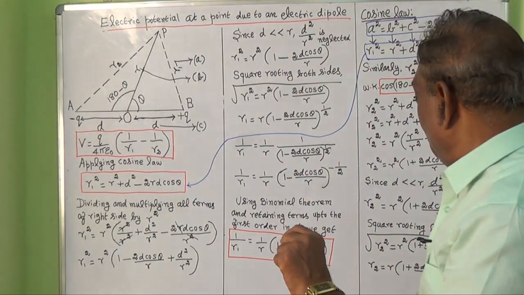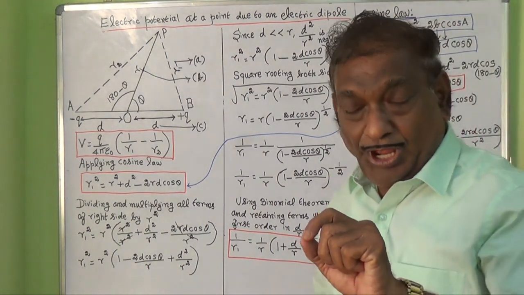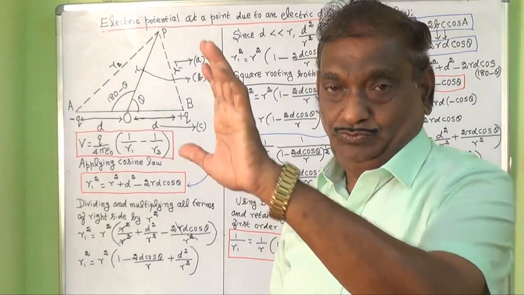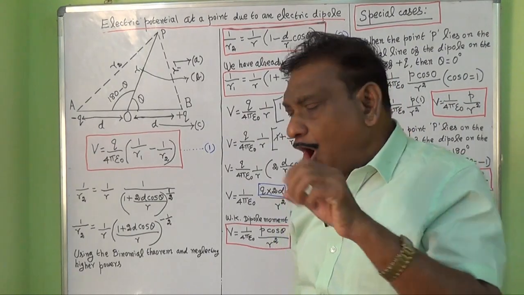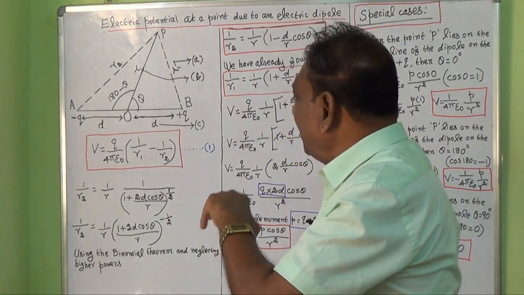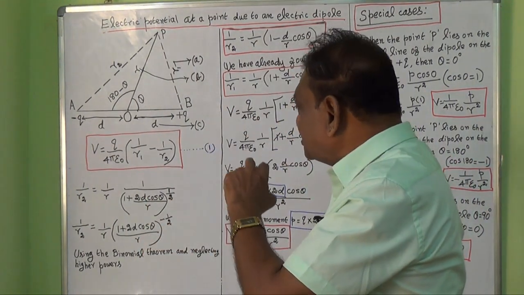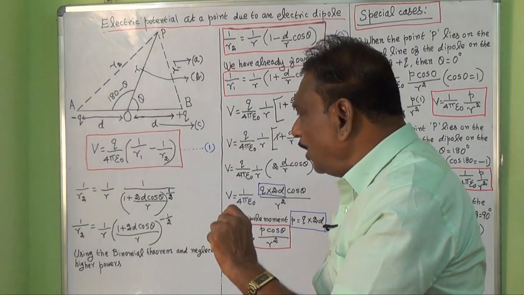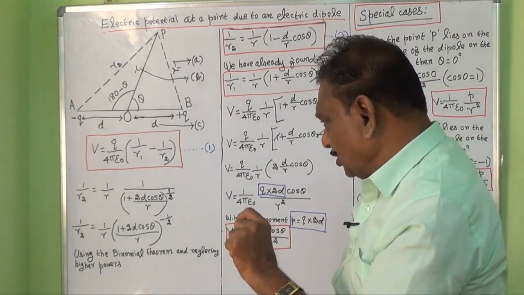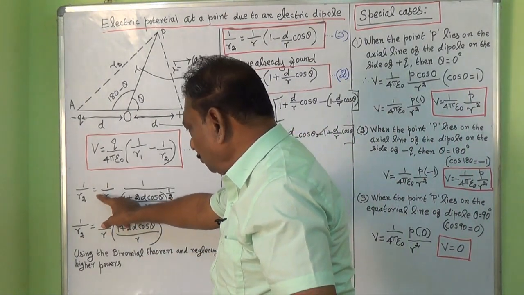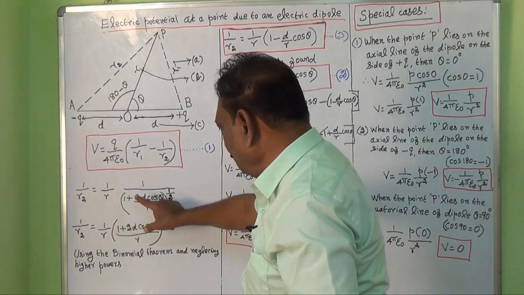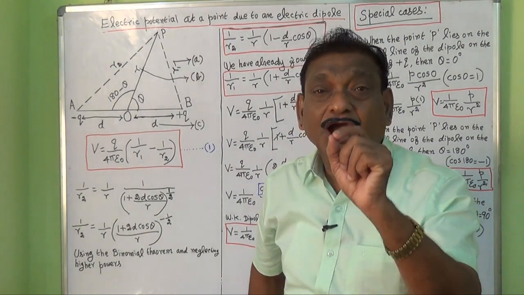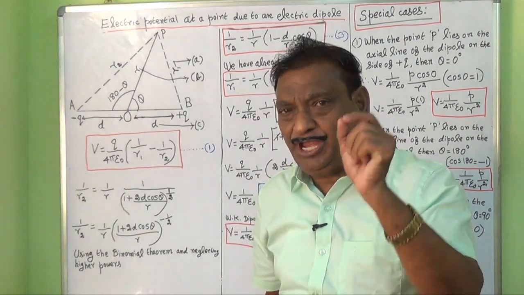Now we have found the equation for R2, but we need 1 by R2. So from this equation for R2, we are going to find the equation for 1 by R2. If we reciprocate all the terms on the left side as well as the right side of the equation, we will get the inverse of R2, that is 1 by R2 equal to 1 by R into 1 by 1 plus 2D cos theta by R the whole power 1 by 2.